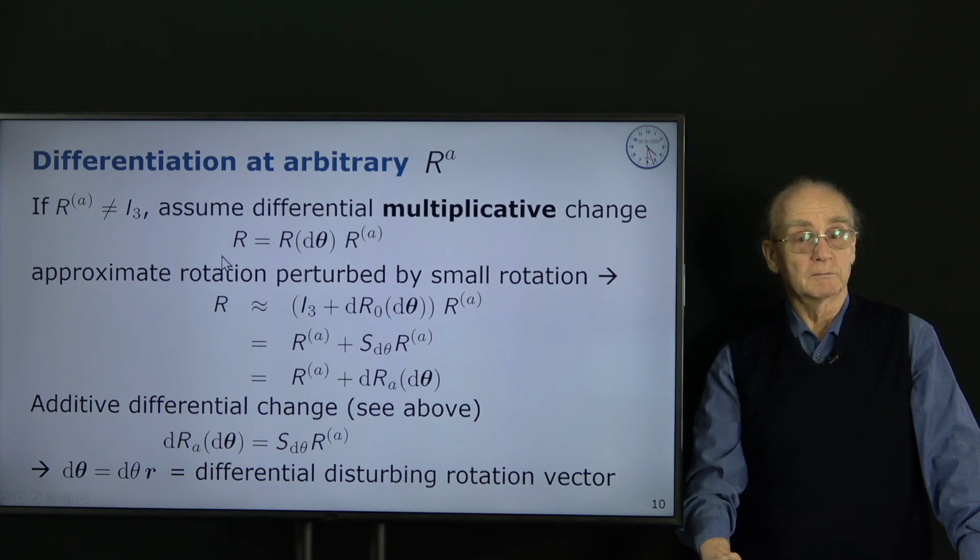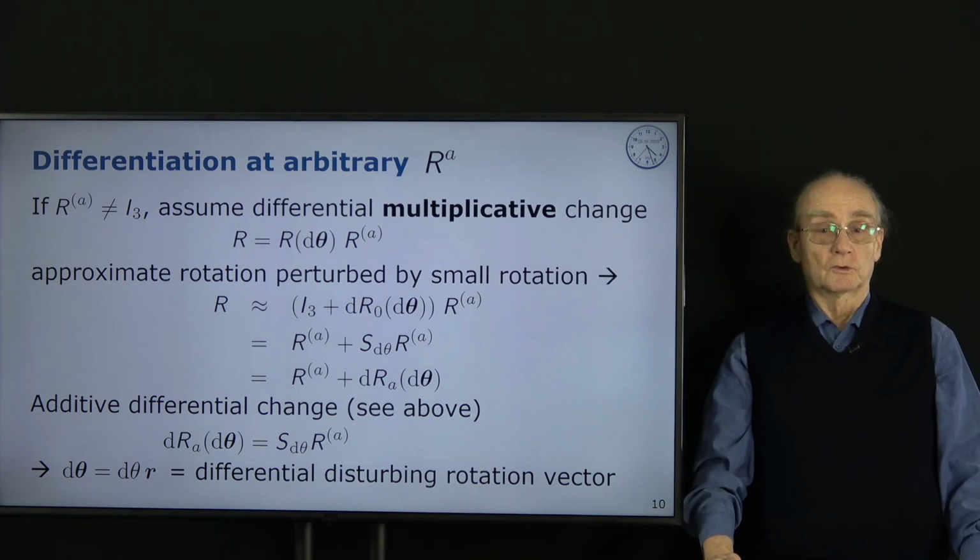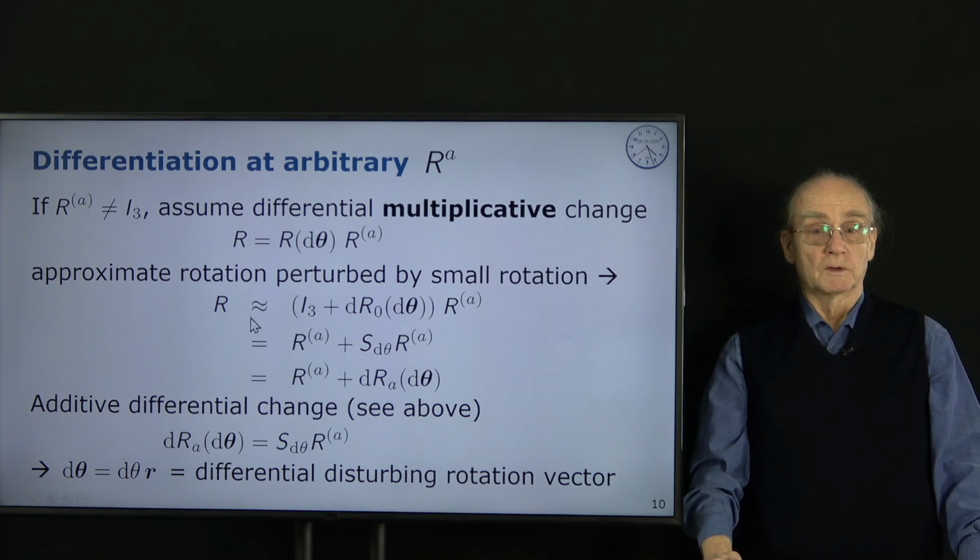That means we have a multiplicative change of our rotation matrix. So let's write this down. So the rotation matrix can be approximated by the small rotation, or the differential rotation, which is I plus dR0, depending on d theta, multiplied with our approximate rotation.